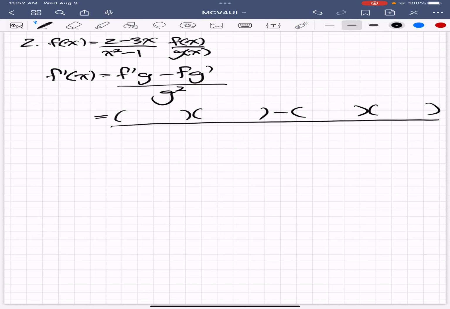And then g to the power of 2 you can do right away. And then I input the normal ones, g and f. The second one is first, and then the first one is second. And then I do the derivative of f.